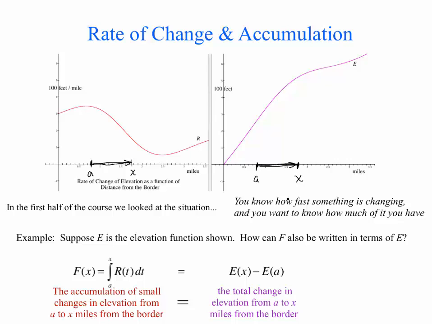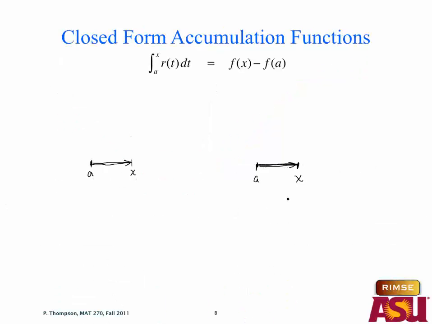Okay. Here, this is like the most important concept of the whole course, almost. Anybody have a question? Does it make sense? So if we generalize that, we have something like this. The integral from A to X of r(t) dt equals f of x minus f of a.